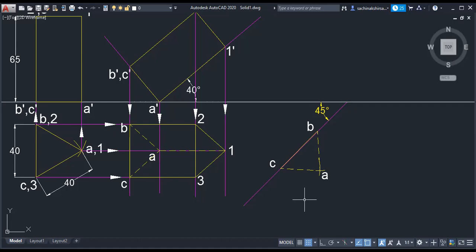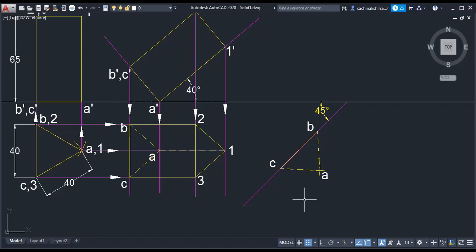Again we have to locate points 1, 2, and 3. How are we going to locate them? Who will tell?